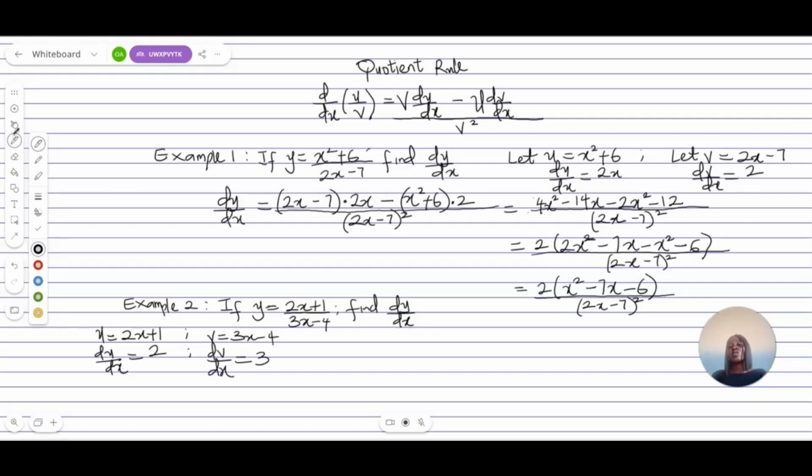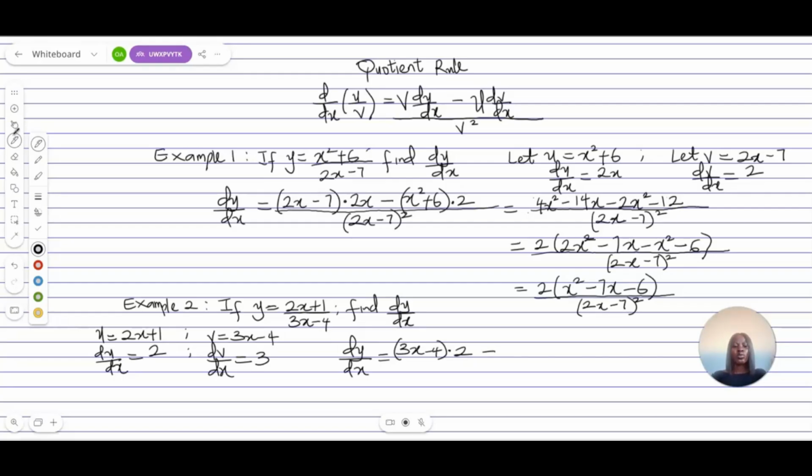And my dv dx is simply what? Just 3. So if I slot in my parameters here into the formula, my dy dx will simply be what? What is my v? My v is 3x minus 4, dot, what is my du dx? Du dx is 2. Then minus, what is my u?